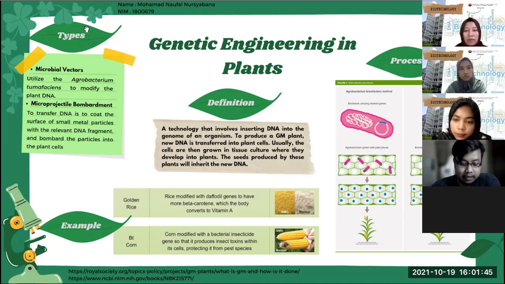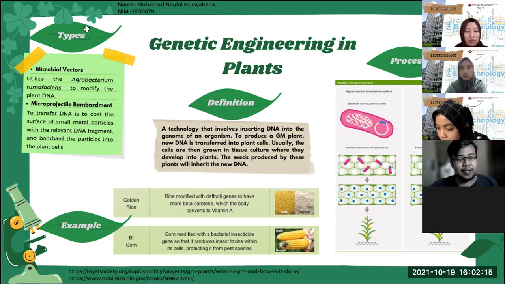The pros of using it is that it may contain, as I said before, more nutrition, and it is also easier to grow with less pesticide because we can modify it to withstand pests, and it is usually cheaper to produce because you don't need fertilizer.